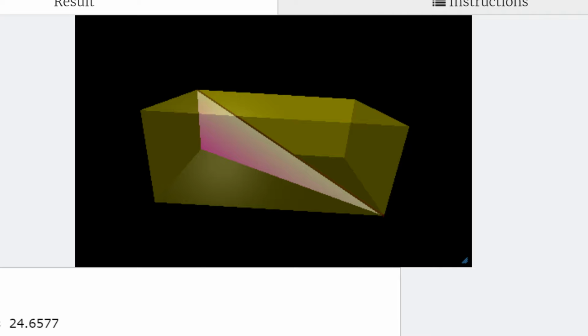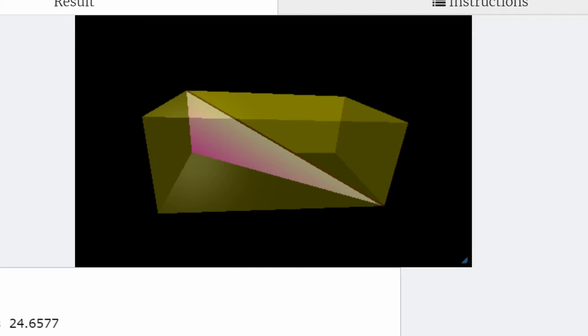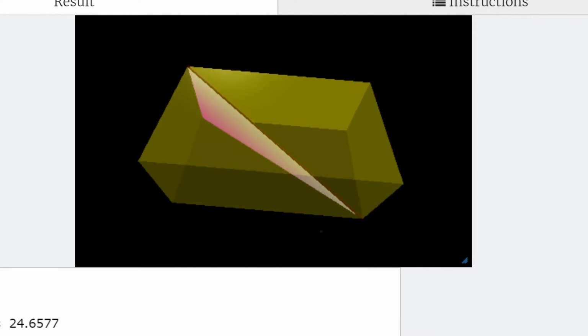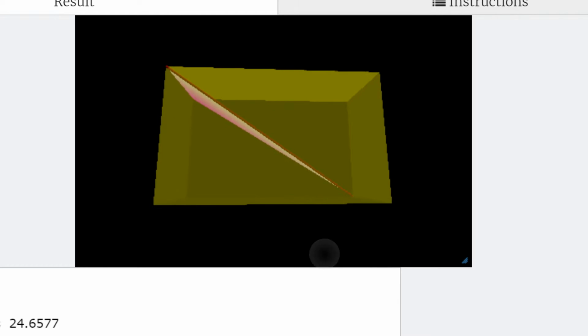So obviously this one right here, inside the body of the rectangular prism, but then this one right here. It looks kind of tricky because it looks like the right angle is at the bottom of the triangle, but when you look this way, you can actually see that the right angle is in the bottom left corner.